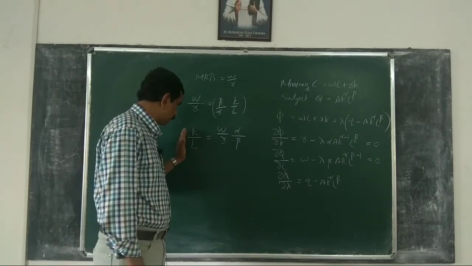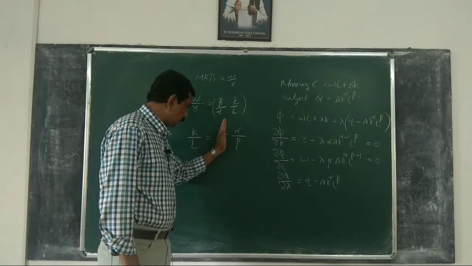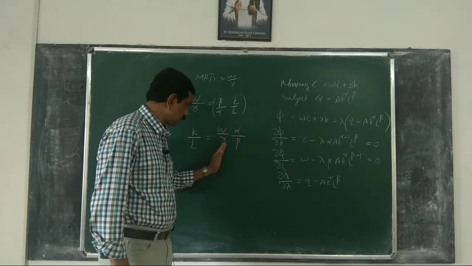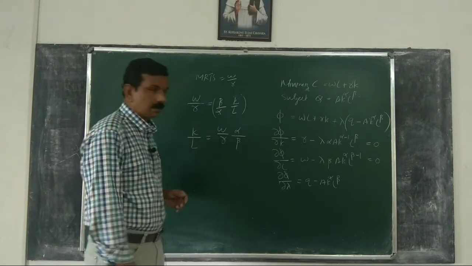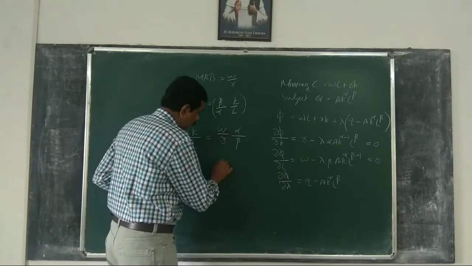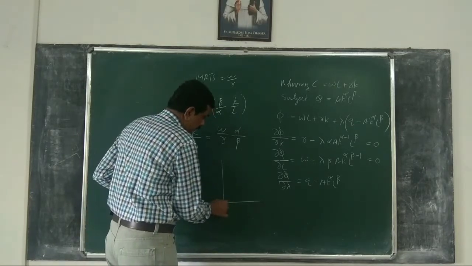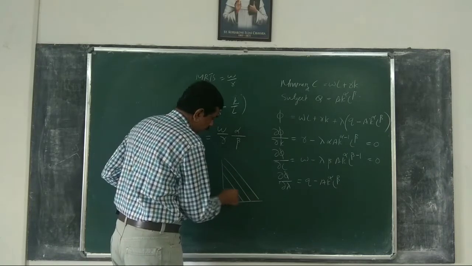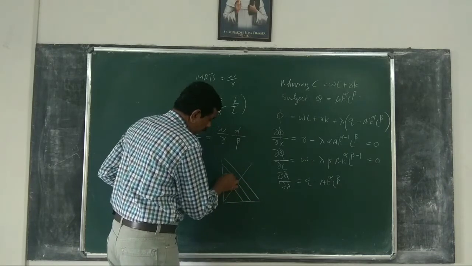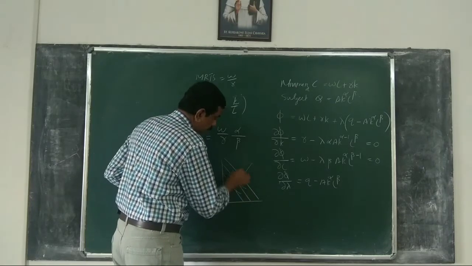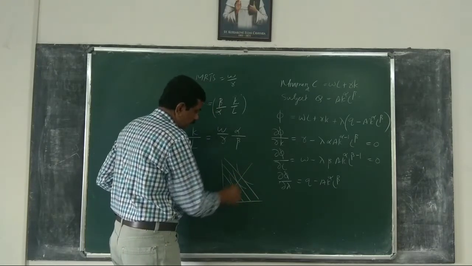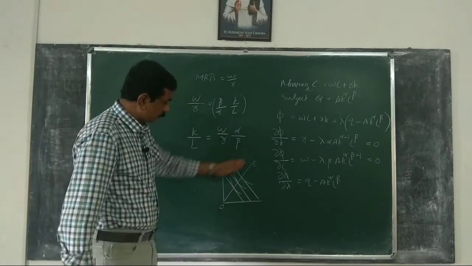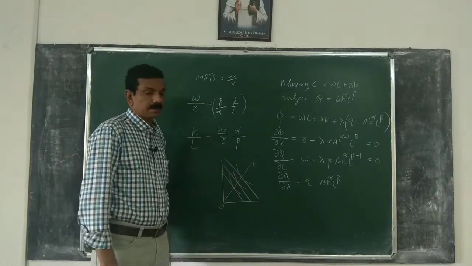So the point is, as long as W by R is a constant, K by L will remain a constant. So when the firm increases the scale of operations, it will move to successively higher isoquants, and the expansion path, let it be OE, will be a straight line.